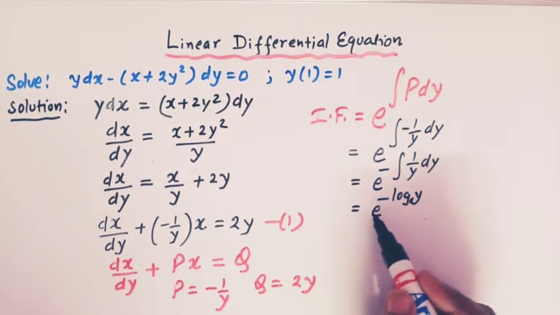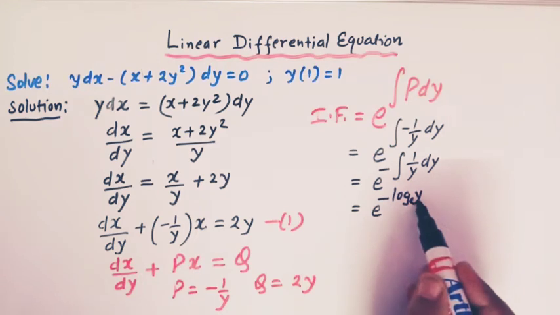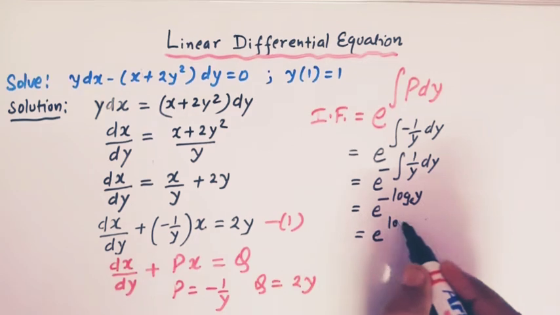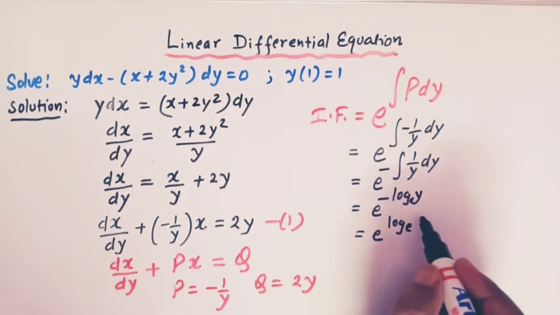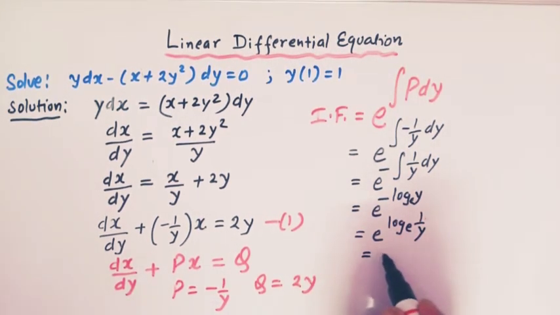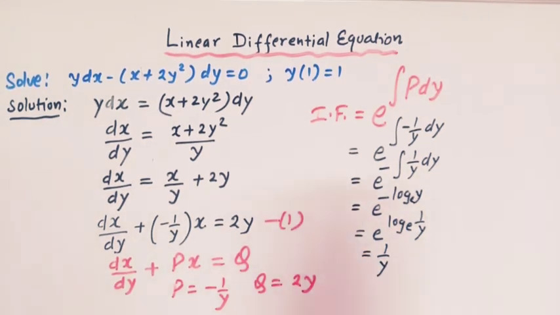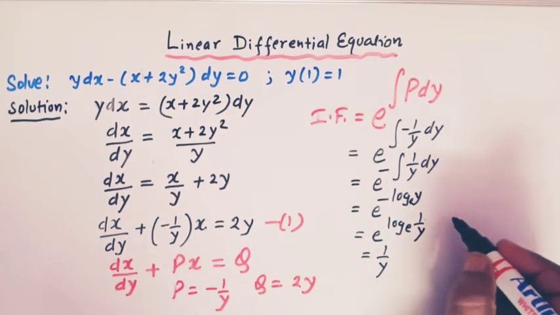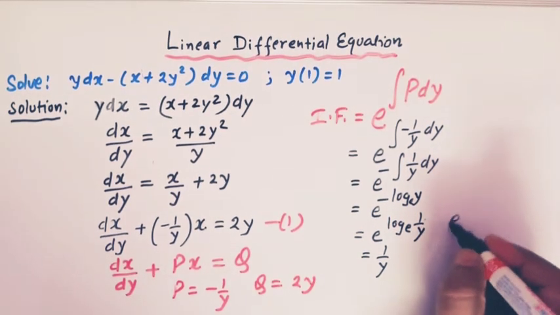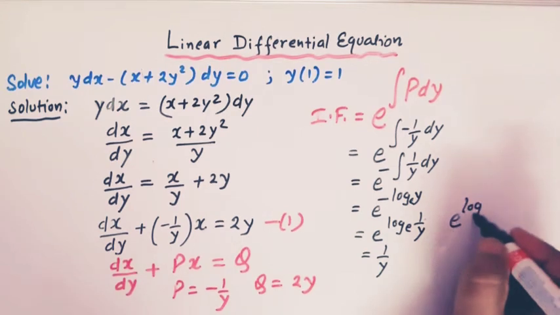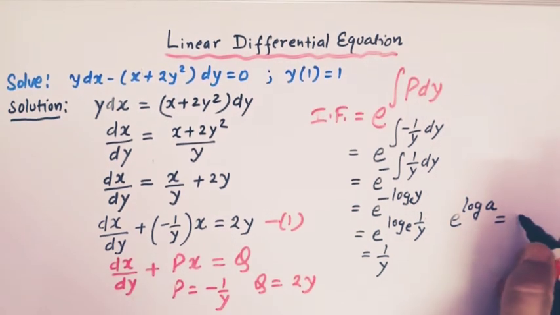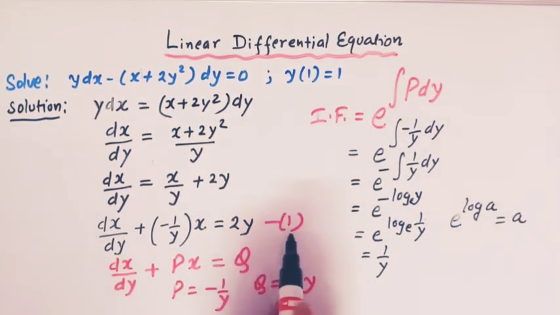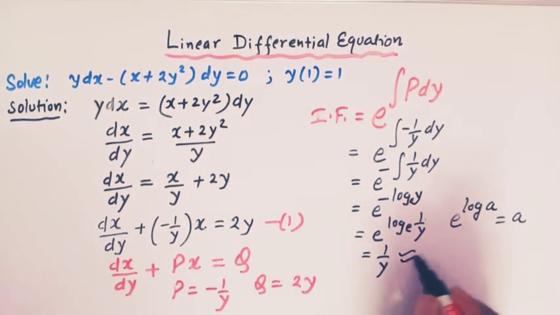And e raised to minus log y can be written as e raised to log of 1 over y, which is simply 1 over y, because we have used the important relation that e raised to log a is equal to a. So the integrating factor of differential equation 1 is 1 over y.